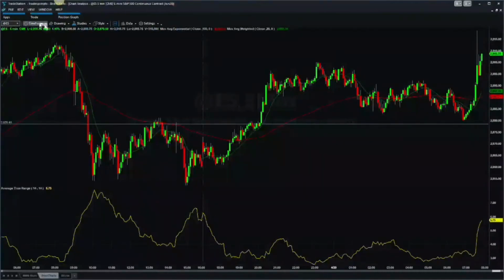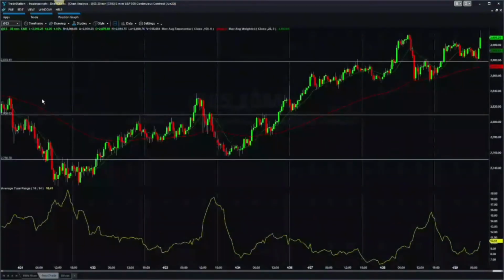You could potentially utilize the average true range as a way to figure out what your initial risk could be.